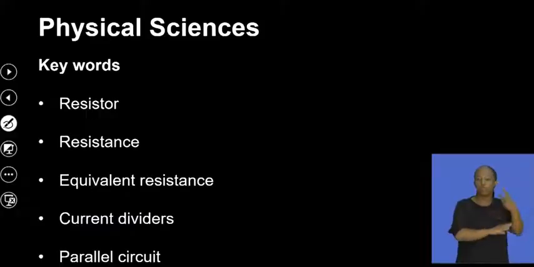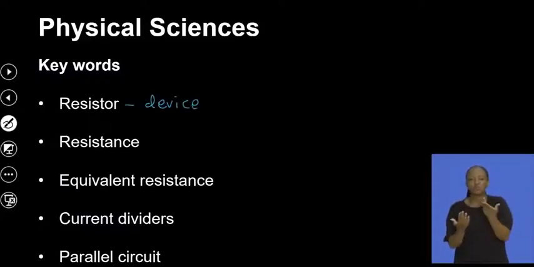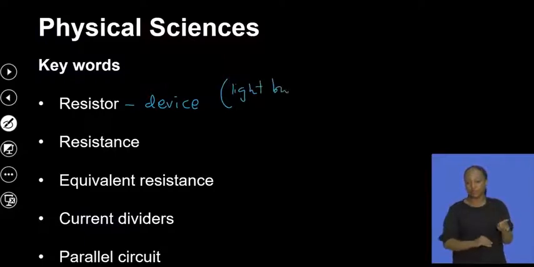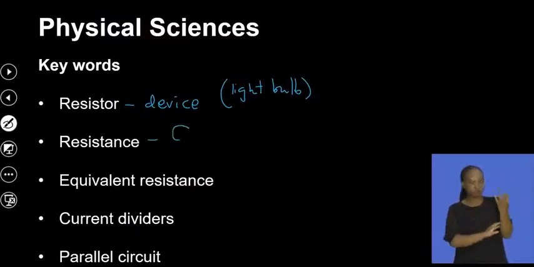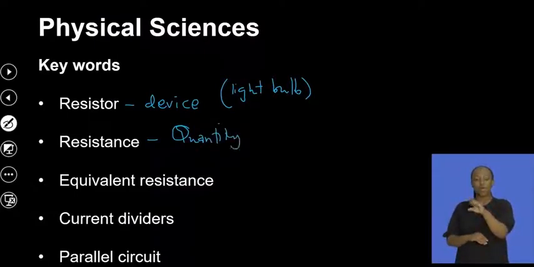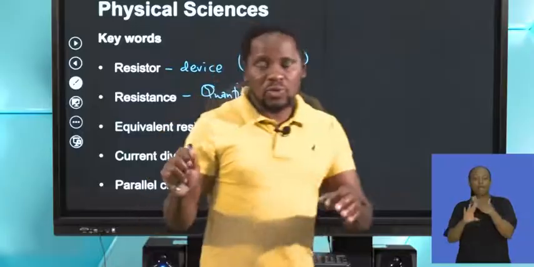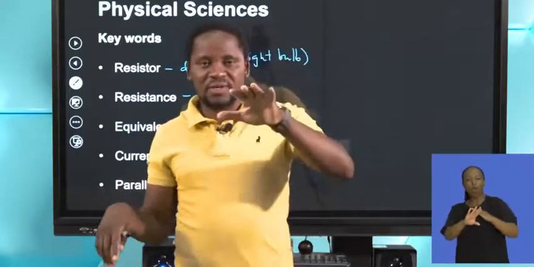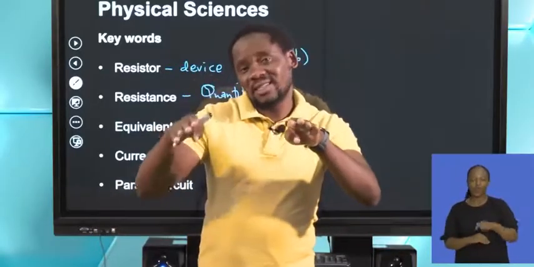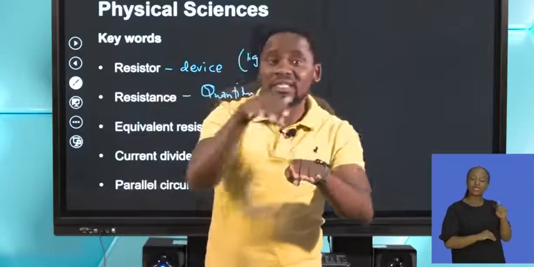It says here, a resistor is a device in a circuit. It could be a light bulb, for example. So a light bulb would serve as a perfect example of a resistor for the purpose of today's discussion. And then resistance is the quantity. Let's remember that when we talk about resistance, we're talking about a quantity, while a resistor is a device that offers resistance in a circuit.